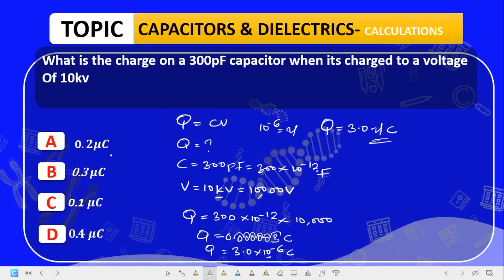And that is the correct answer, or 0.3 microcoulomb is supposed to be the correct answer. Let's see if there is anywhere we are making a mistake. So we are actually correct.